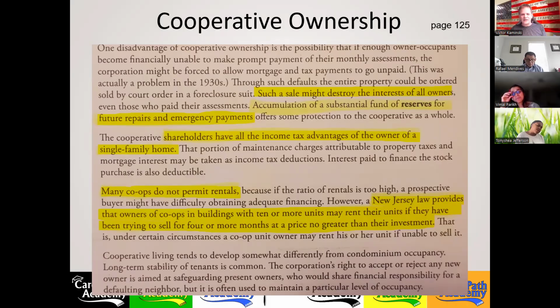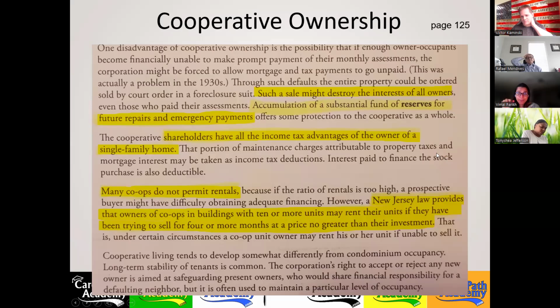If you get enough tenants that are bad at paying their bills, the corporation may start defaulting on the tax or mortgage payments on the underlying property. Through such defaults, the entire property can get foreclosed on, and it could affect your neighbors who are paying their monthly maintenance fee. So that's why they tend to be more picky.